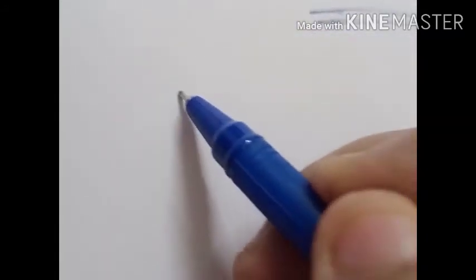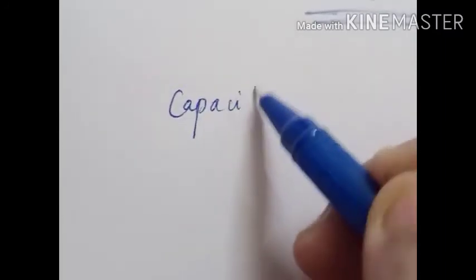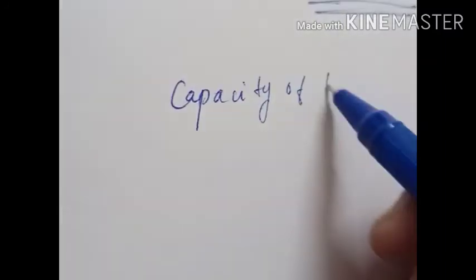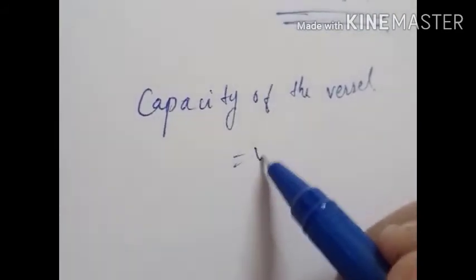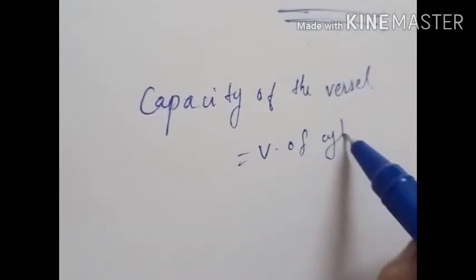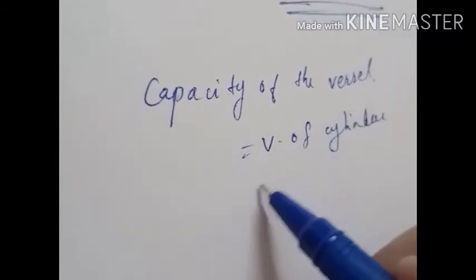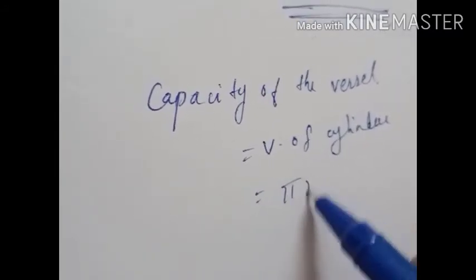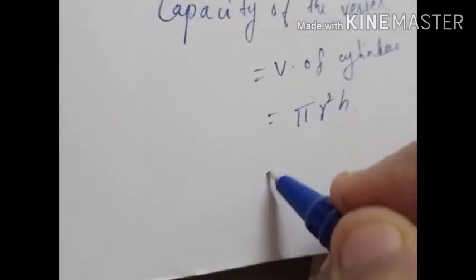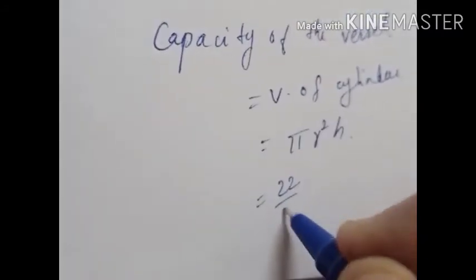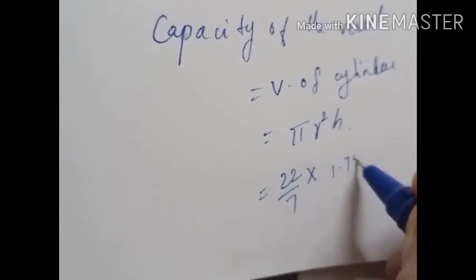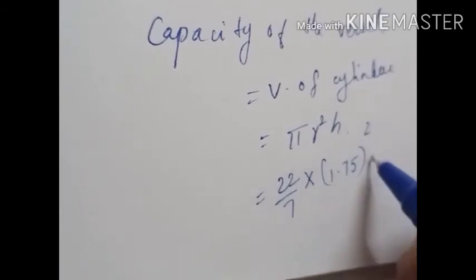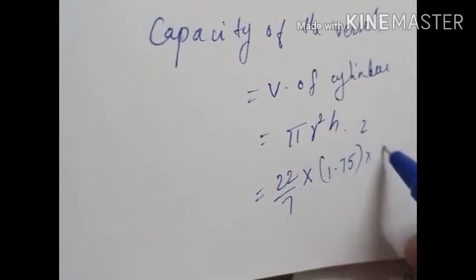Next we have to find the capacity of the cylinder, the capacity of the cylindrical vessel. So that is equal to the volume of the cylinder. What is the equation for the volume of the cylinder? Pi R square H. Then we have to substitute the value of pi as 22 by 7, R square is 1.75 square, into H is given as 10.